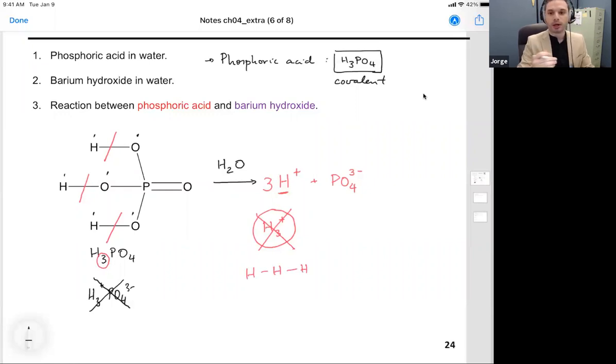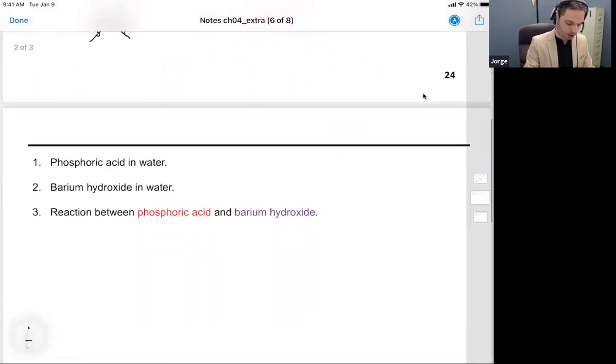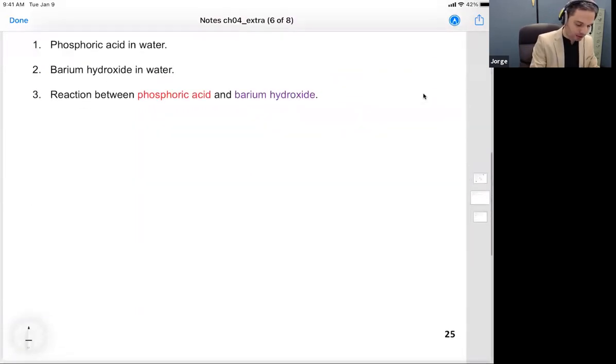Okay, so now let's move on to the base. The base that we are dealing with here is barium hydroxide. So we have to remember the formula for barium hydroxide.